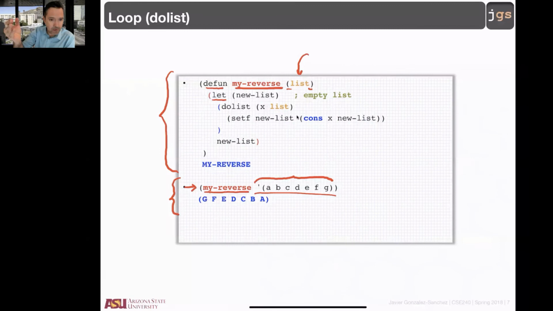Yeah, I am going to use local variables. Local variables. How many local variables? One. The name of the variable, new list. The value for that new variable, there is no value.